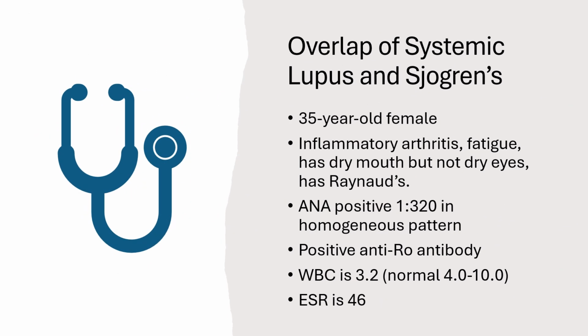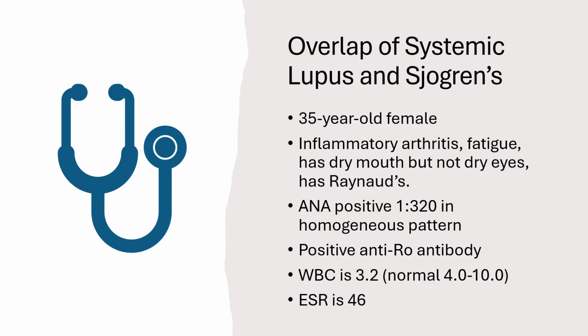For patients who have a severe case of lupus or a severe case of Sjogren's, distinguishing one from the other is not always that difficult because of their varying manifestations. However, sometimes it's hard to know if a patient has a more accurate diagnosis of systemic lupus or Sjogren's. And here's an example.